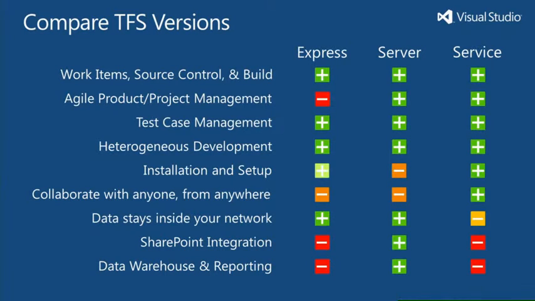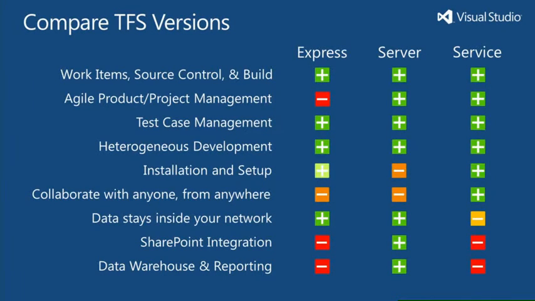The things that you can do, SharePoint integration and data warehousing is only available in the server. Installation and setup, if you have lots of prerequisites, is a little harder with server, a bit easier in Express. There is no setup in the cloud because we've already done that for you. However, if you want the data in your network, then you're going to need either Express or server.